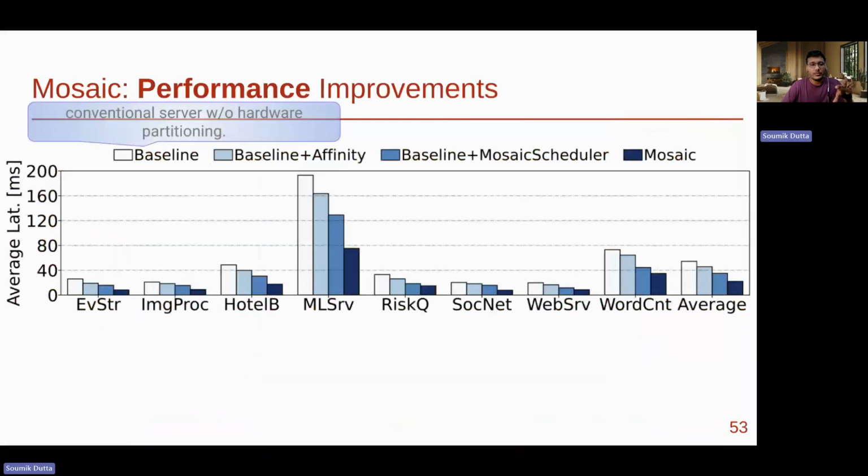Now let's evaluate the Mosaic approach. Here the authors have plotted the average latency of different FaaS workloads, with respect to the baseline, which is the conventional server without any hardware partitioning, and baseline plus affinity, where the same function is re-invoked a number of times on the same CPU.